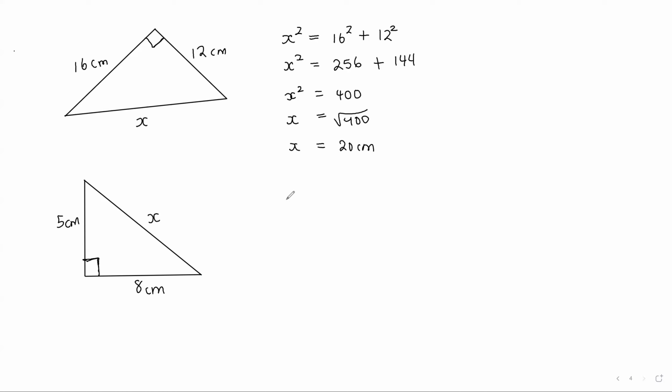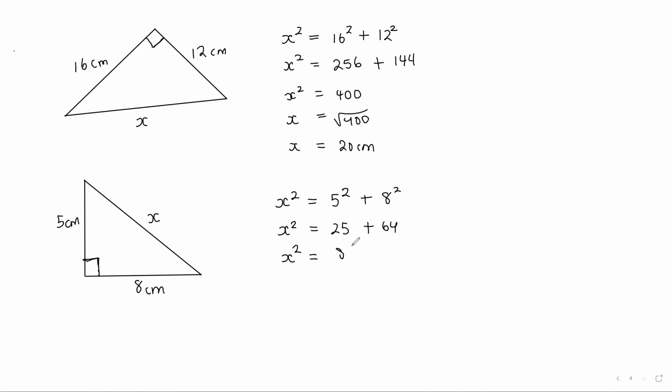X squared equals 5 centimeters squared plus 8 centimeters squared, good, right? And then x squared is 25 plus 64. And then x squared will be 89.